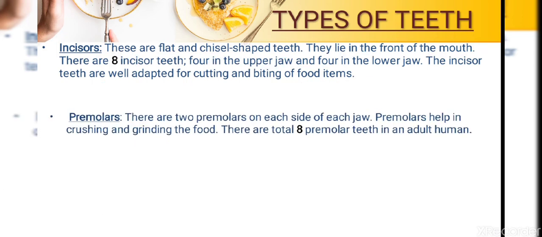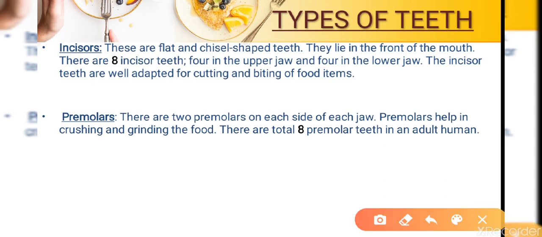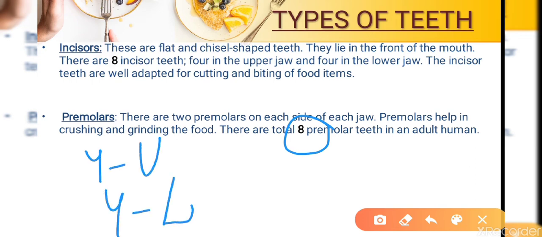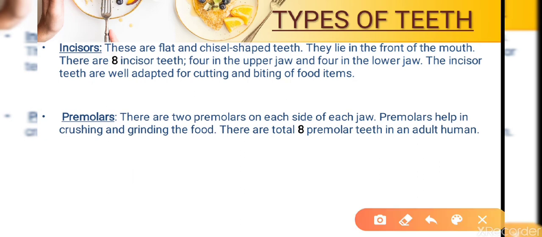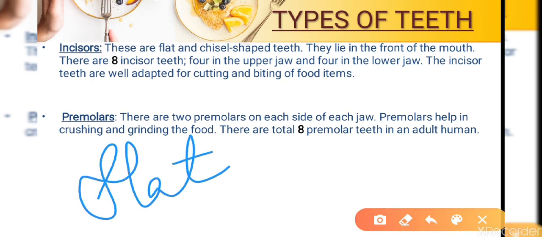Next we have premolars. Premolars are also 8 in number, 4 in the upper jaw and 4 in the lower jaw. These are flat in structure with some projections and help in the crushing and grinding of the food.